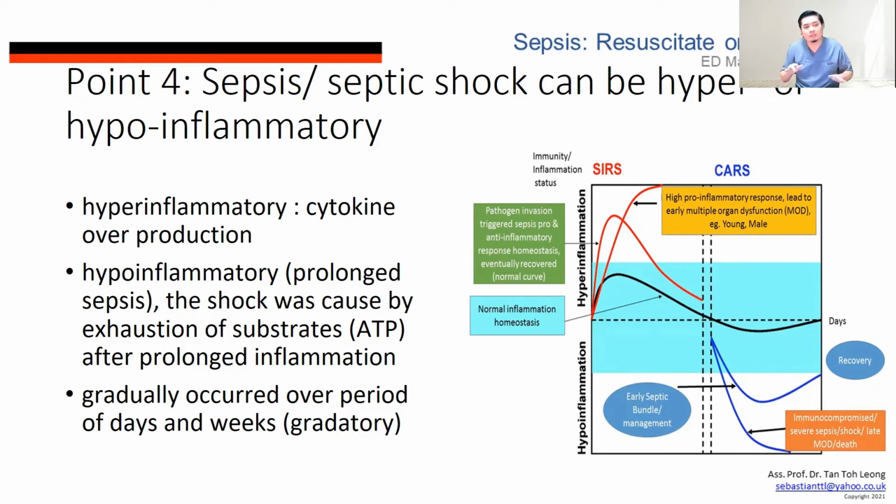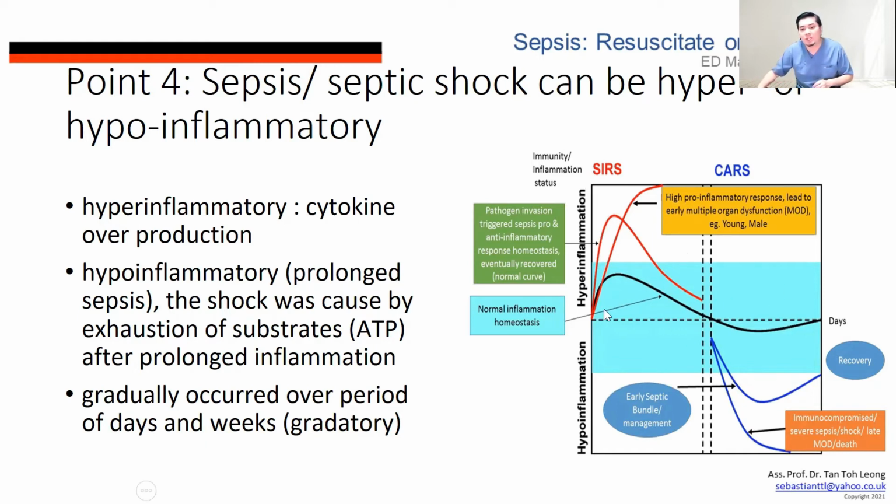So when a patient has hypoinflammation, the body will conserve energy to prolong life rather than fight the disease, using it to conserve the ATP. Usually hypoinflammation is due to exhaustion of ATP after prolonged inflammation, and this usually happens in a very subtle manner over a period of time, usually days and weeks.